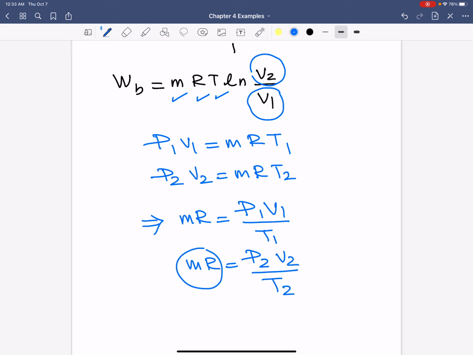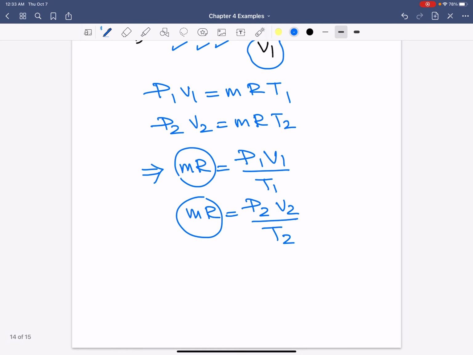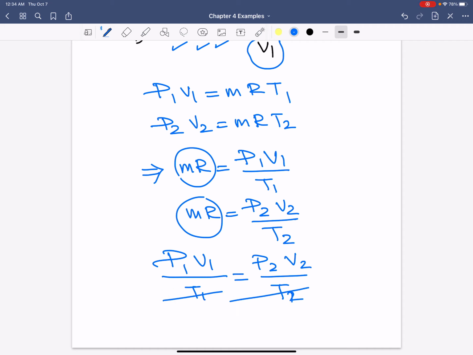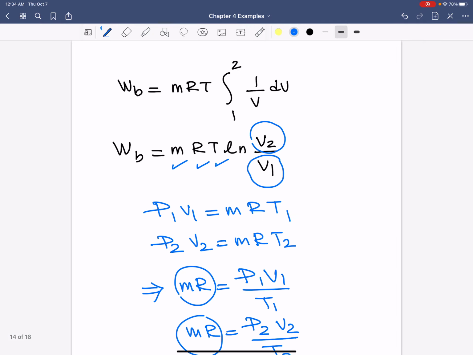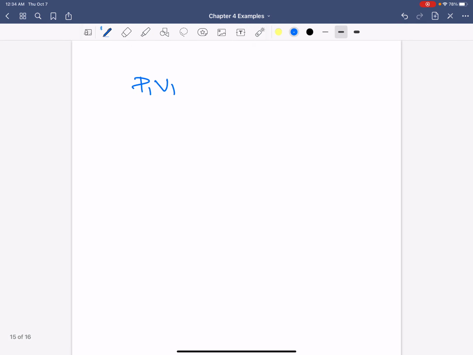Since the left-hand side of both equations is the same, that means P1 V1 over T1 is equal to P2 V2 over T2. In this problem, T1 is equal to T2, so we cancel those out. That means P1 V1 is equal to P2 V2.